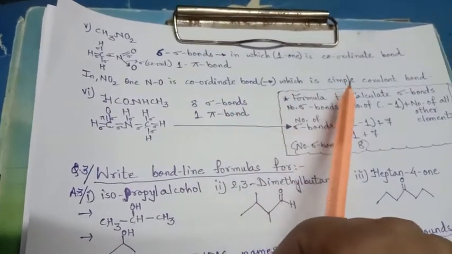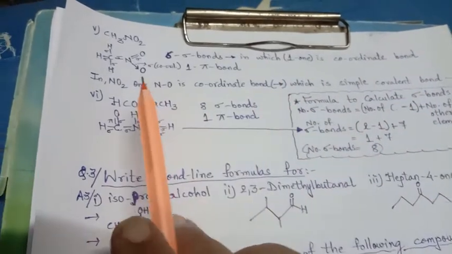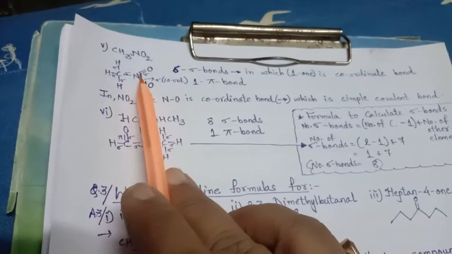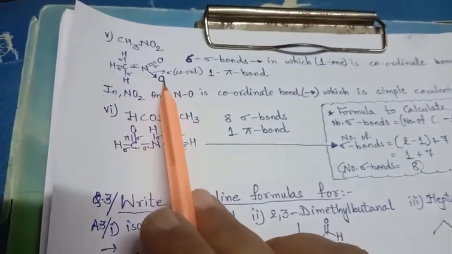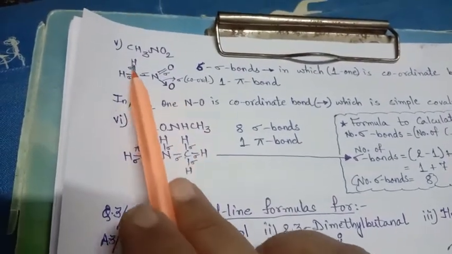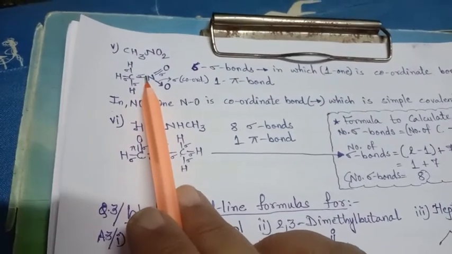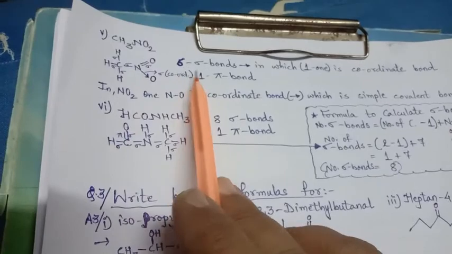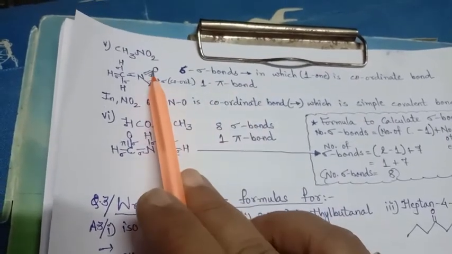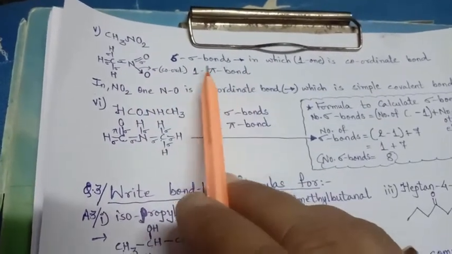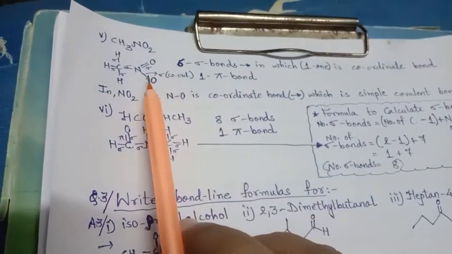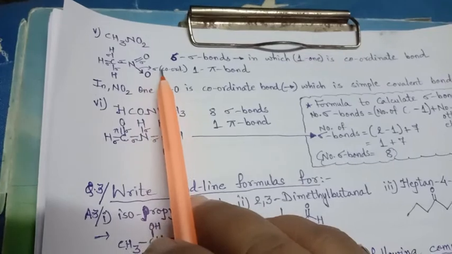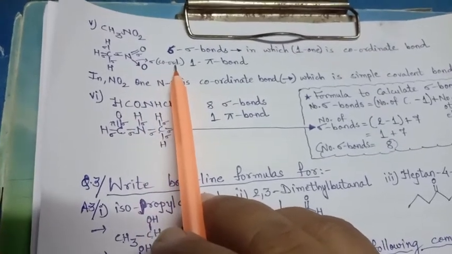The other is called a simple covalent bond. Now here you see CH3, double bond O, and coordinate O. So 1, 2, 3, 4 and 5. If you mention 5 sigma bonds and 1 double bond, so 1 pi bond, that is also correct. But if you consider the coordinate bond as a sigma bond, then it is a sigma coordinate bond.